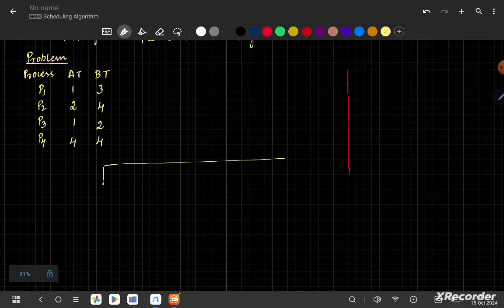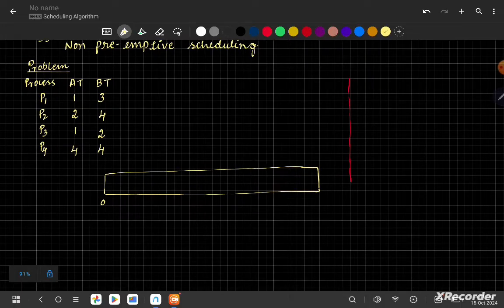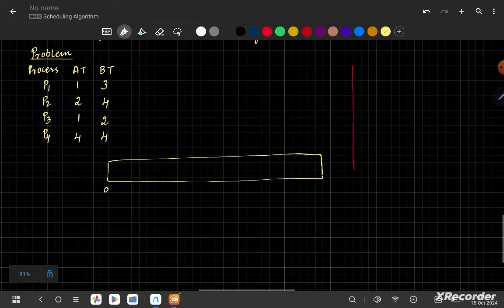I'll write the Gantt chart here. During 0th time, there is no process because the ready queue is empty and no process has arrived at 0. So during 0 and 1, the CPU will be idle.